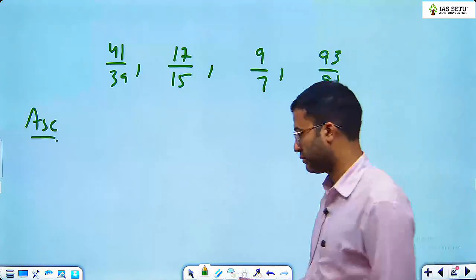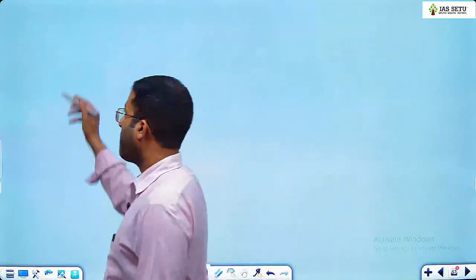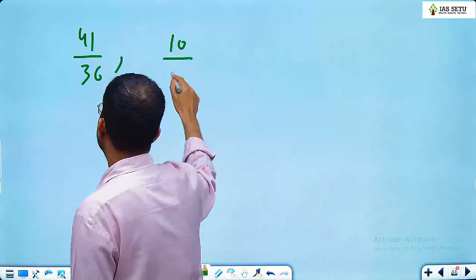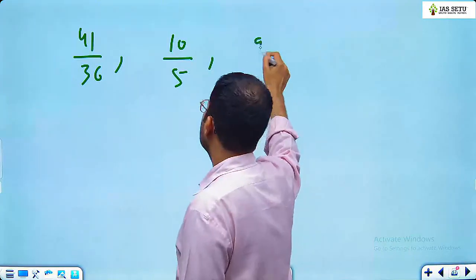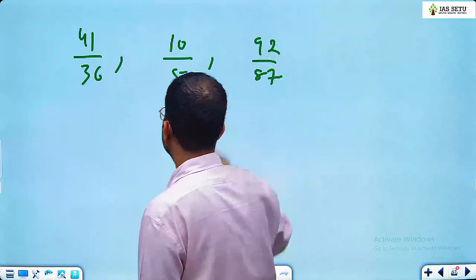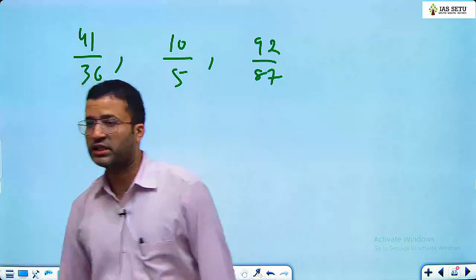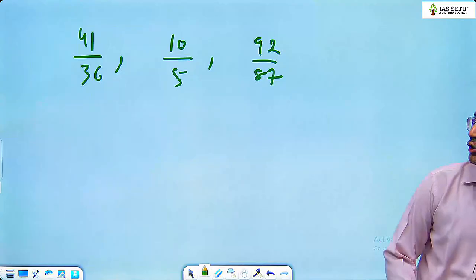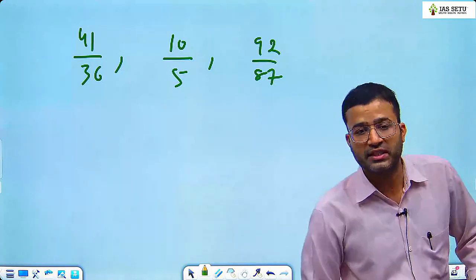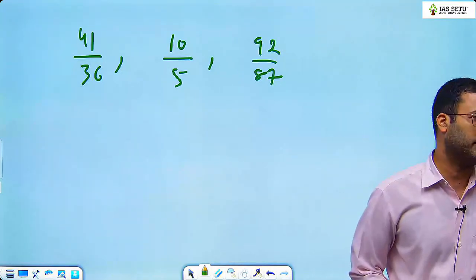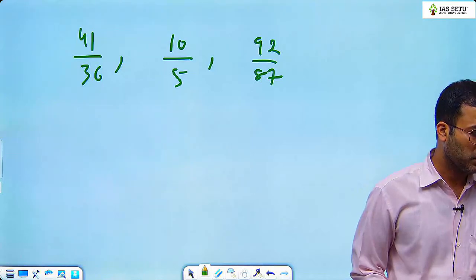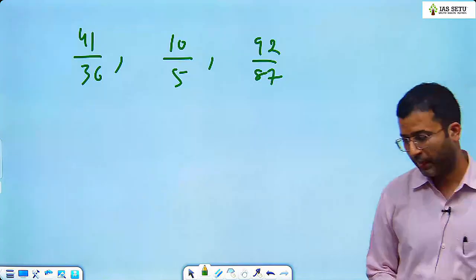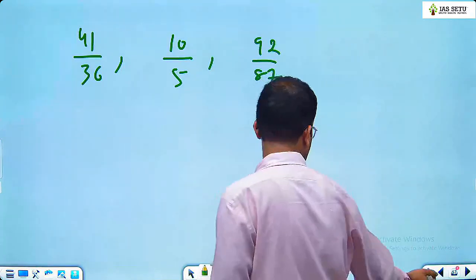One more question. 41/36, 10/5, 92/87. Tell me which one is the smallest here. 92/87. And which one is the largest? 10/5. Okay, you have to be careful if it is an improper fraction. Next is type 5.